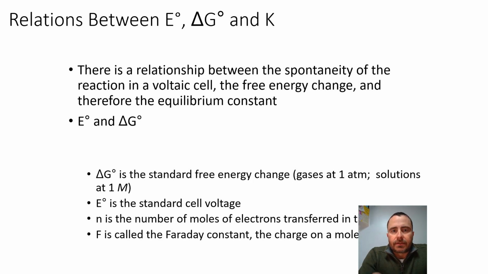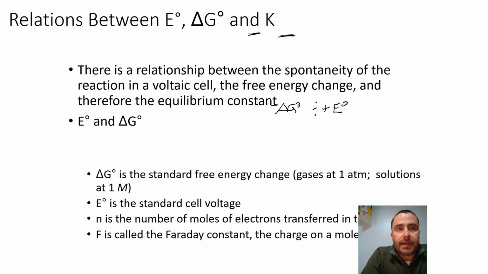Let's start by looking at the relationship between our standard voltage and our Gibbs free energy change. There's a relationship between the spontaneity of a reaction and a voltaic cell, because we know that a negative delta G is spontaneous, and a positive standard voltage is spontaneous.